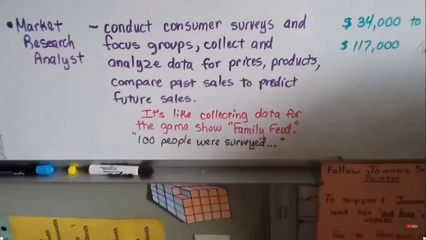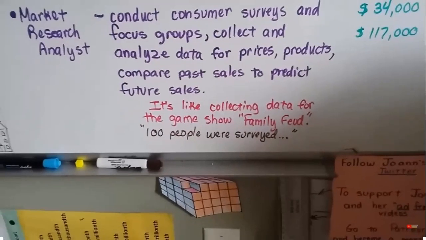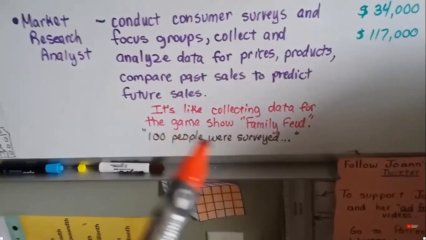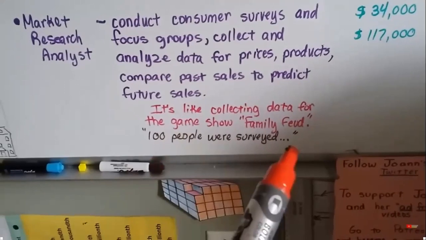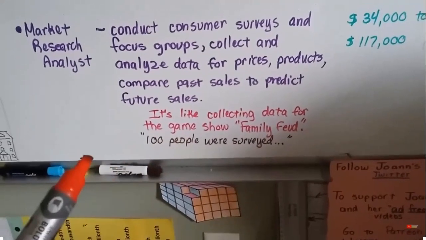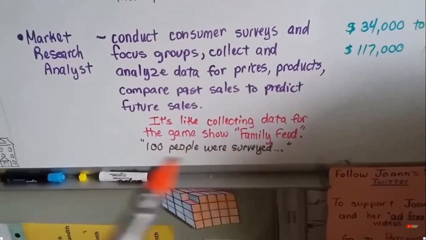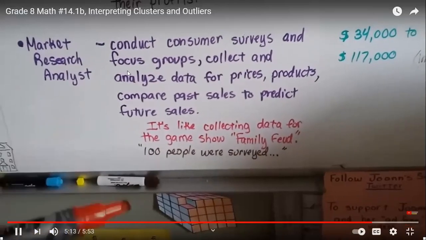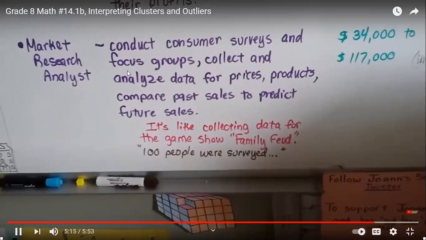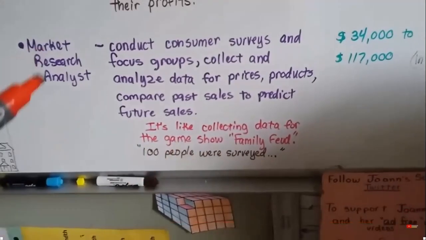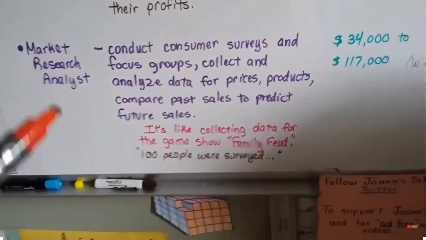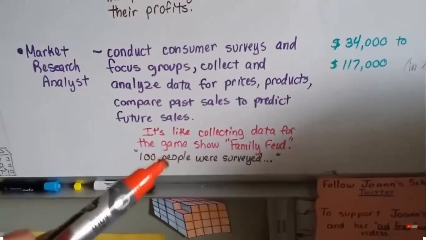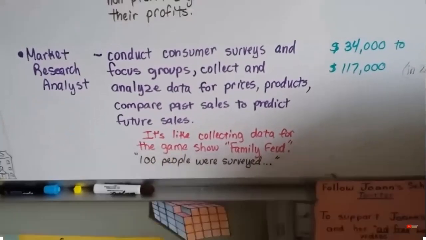It's like on Family Feud, where they always say 100 people were surveyed and asked this question, and then they show on the game board how many out of the 100 answered that particular way. Well, some market research analysts had to go out and speak to those 100 people, ask them the question, and collect the data. See?